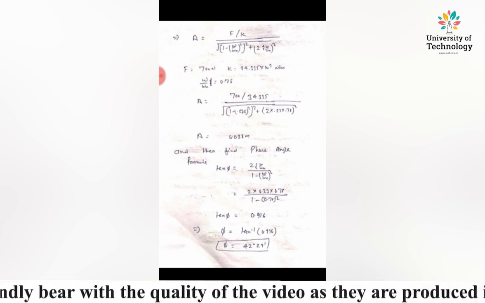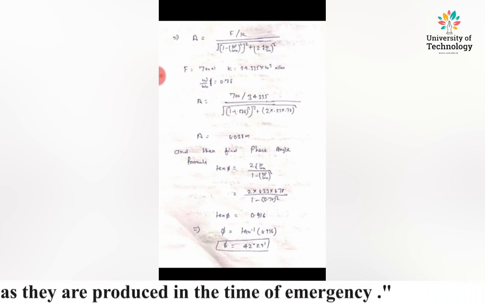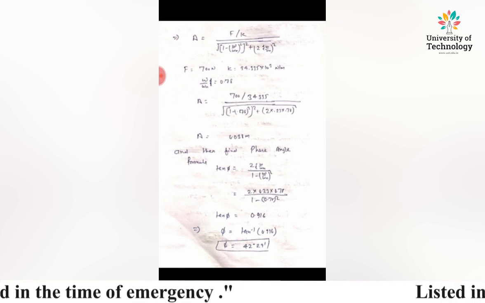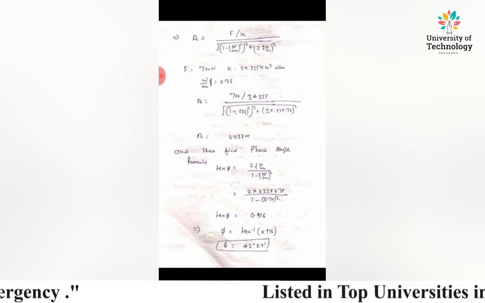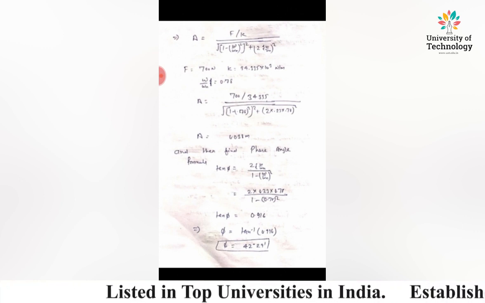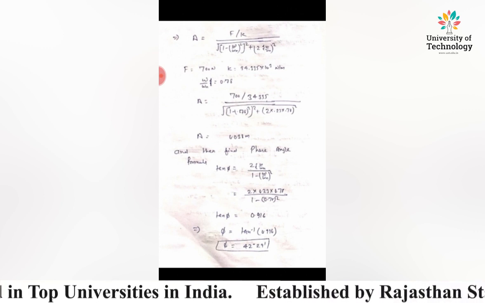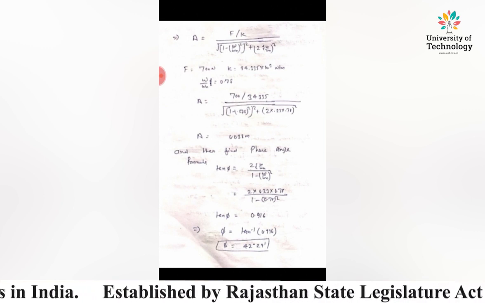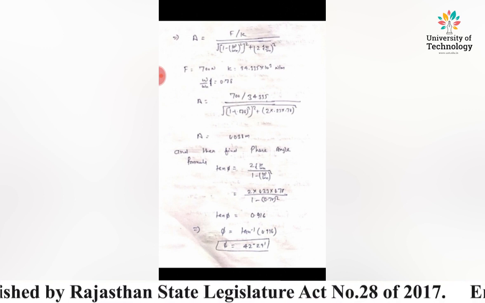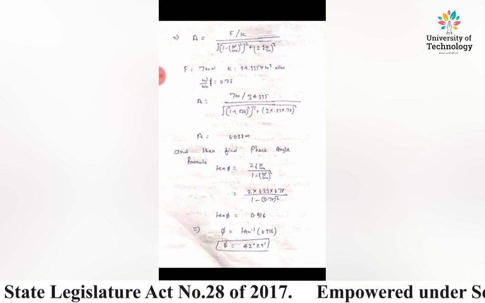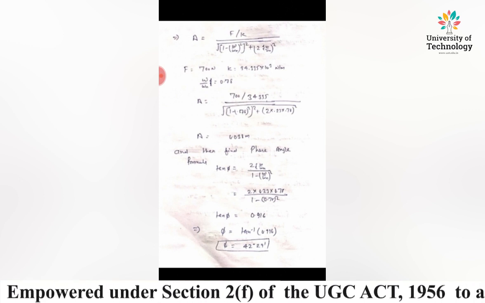If we put the value of f, k and omega by omega n in the equation of amplitude, then we get the value of amplitude is equal to 0.038 meter. That is the final value of amplitude.